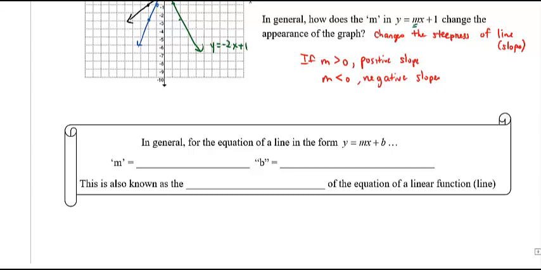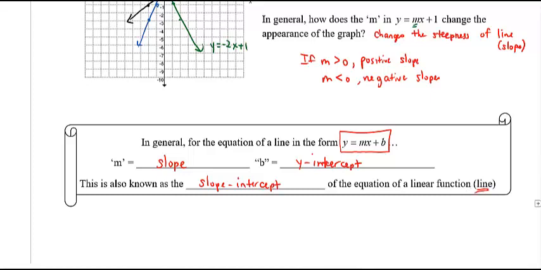In general, for the equation of a line that's in this format, y equals m times x plus b. M stands for the slope, and b represents the y-intercept. And this is known as the slope-intercept form of the equation of a linear function or line.